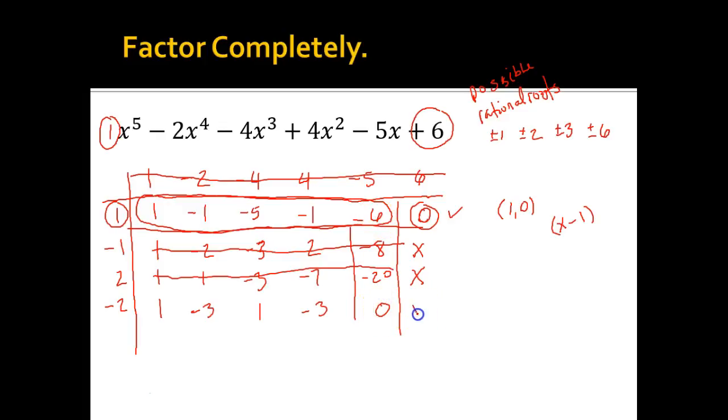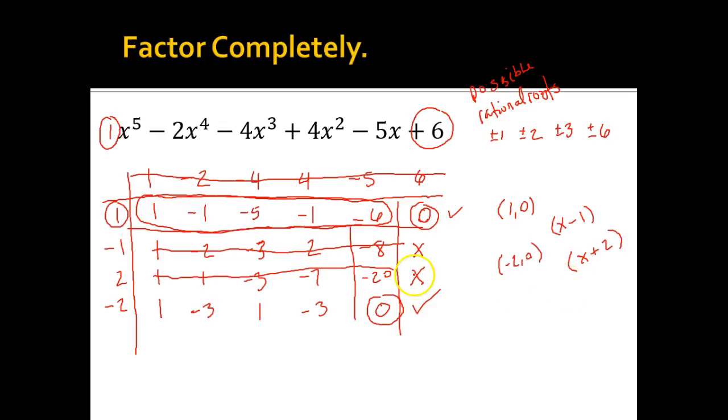Whew, finally we got a remainder of 0, and since we have a remainder of 0, that means that the -2 that we used in our synthetic division is a root. So there is a point -2, 0 on our graph, and one of our factors is x minus -2. So x minus -2 is x + 2.